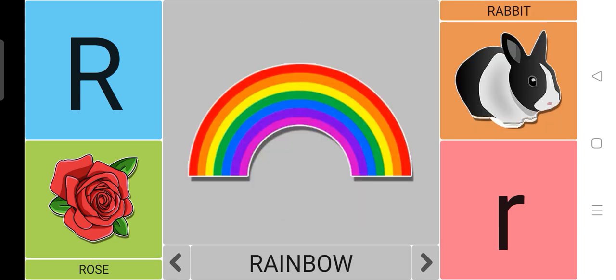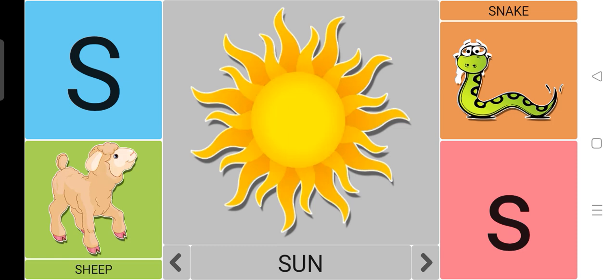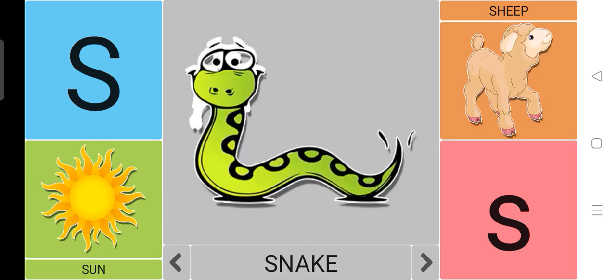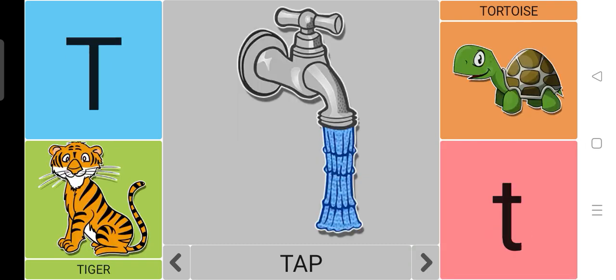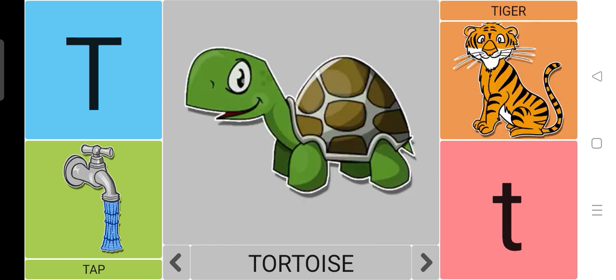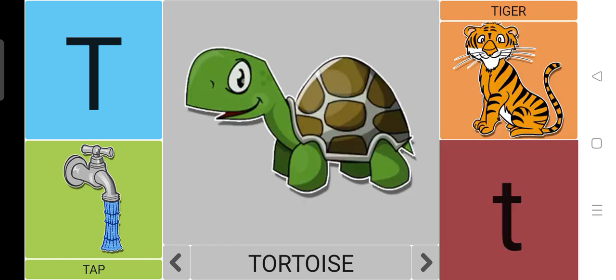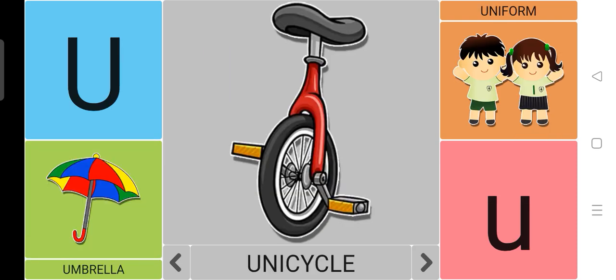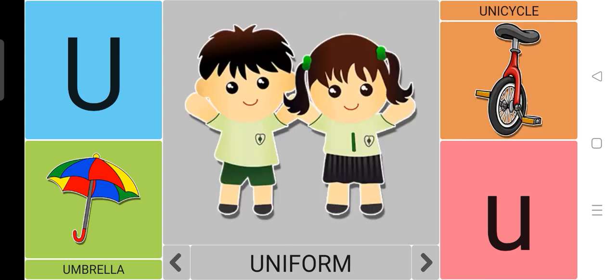R is for rainbow. S is for sun. S is for sheep. S is for snake. T is for tap. T is for tiger. T is for tortoise. U is for umbrella. U is for unicycle. U is for uniform.